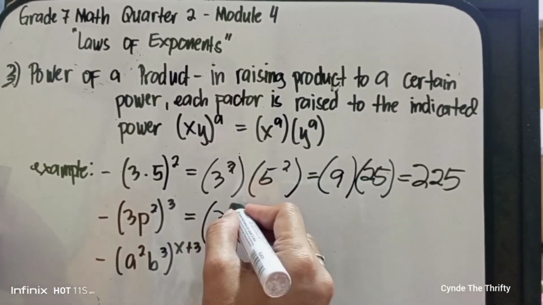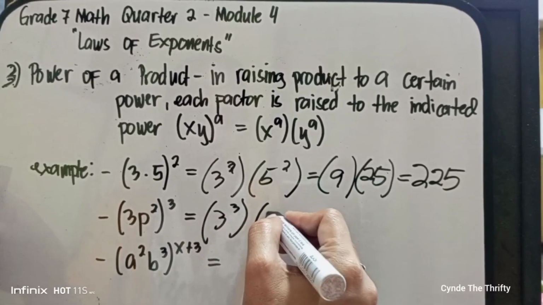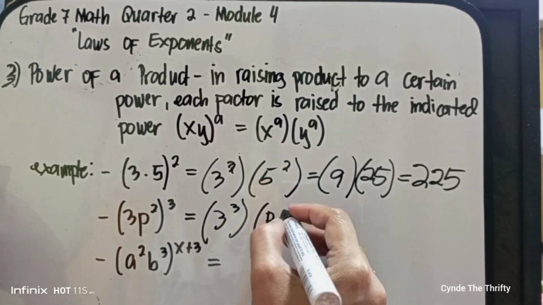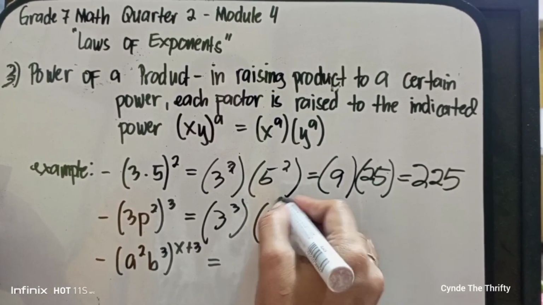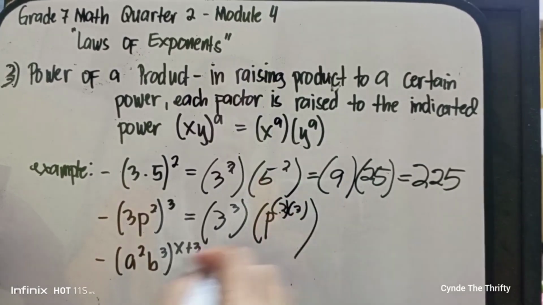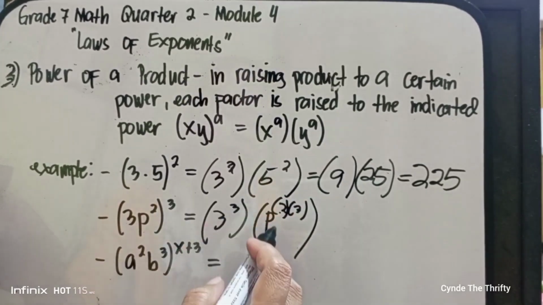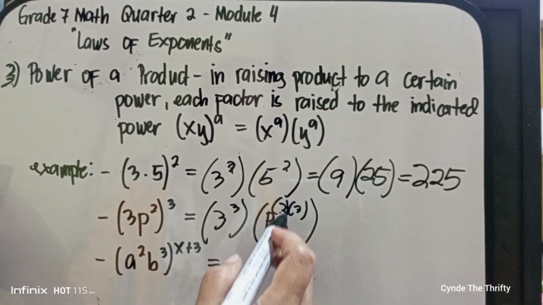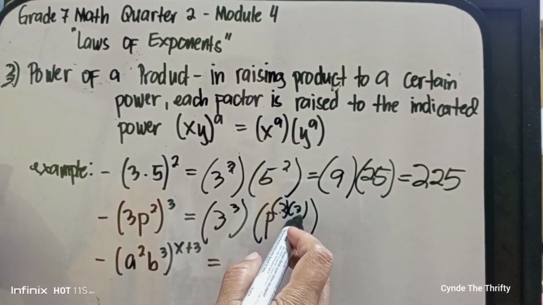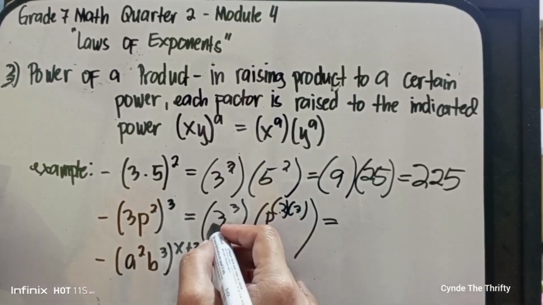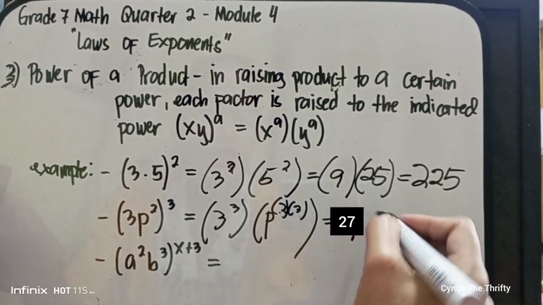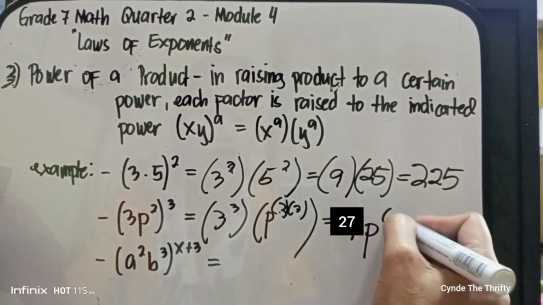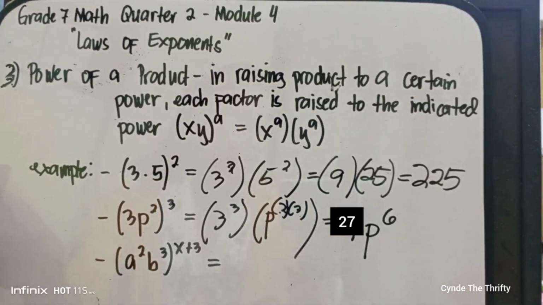So 3 cubed and then p squared cubed. Ayan, again 3 cubed, p squared 2 multiplied by 3. 3 cubed equals 27, and then 2 times 3 equals p raised to the power of 6.